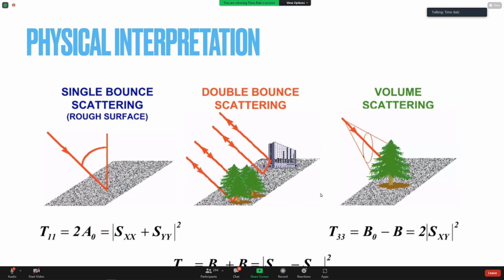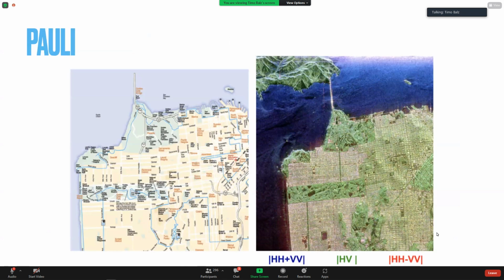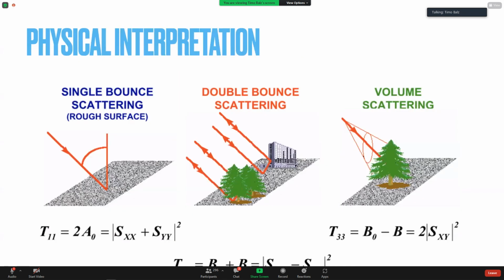Double bounce is highlighted if we subtract HH minus VV, because double bounce effects are stronger in HH. So in that way we can highlight them. And volume scattering is strongest in the cross-scattering in HV or VH.